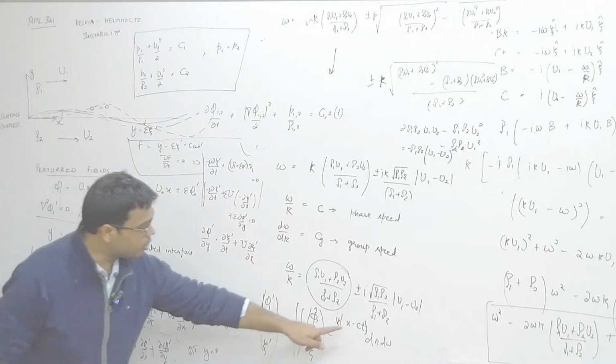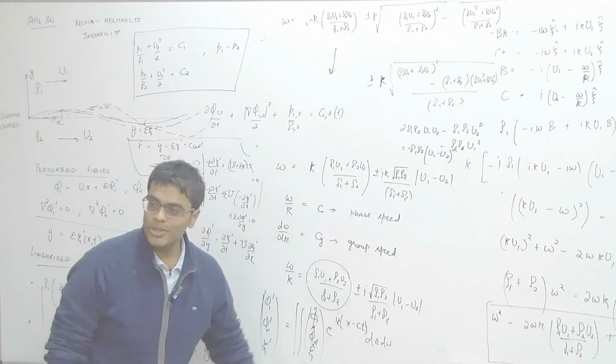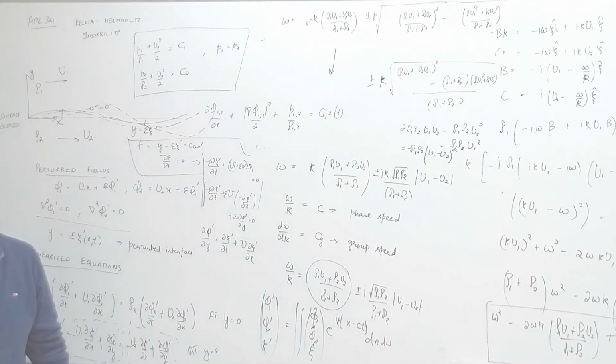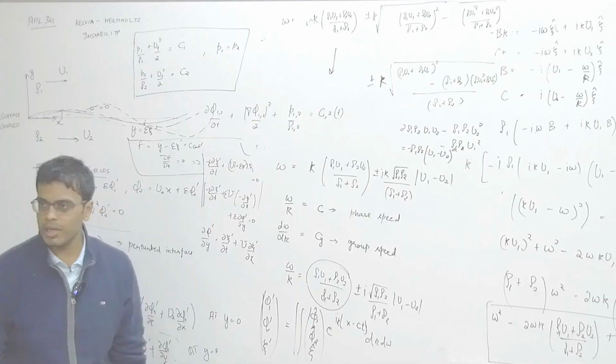Okay. What is the growth rate? Growth rate is directly proportional to your u1 minus u2 difference. If you do not have a difference, if you have this kind of a problem with u1 equal to u2, it makes no difference. There is no growth rate basically. The growth rate is directly proportional to mod of u1 minus u2.